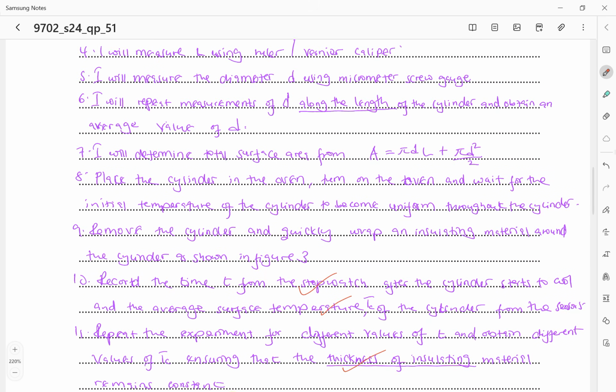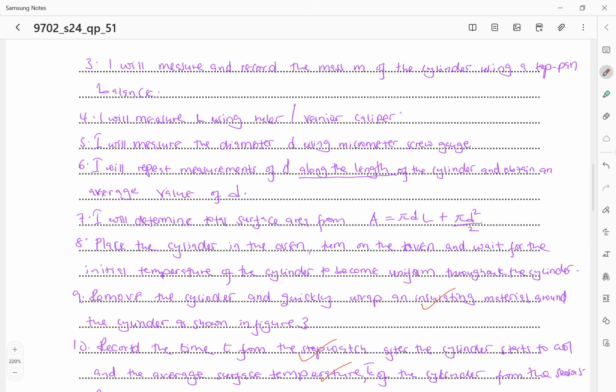So removing the cylinder quickly, wrapping an insulating material, this could be credited in the diagram. So insulating material around the cylinder is a mark. Placing the cylinder in the oven, this could also be credited, using the oven may be credited in the diagram. But then waiting for the initial temperature of the cylinder to become uniform, that is a marking point.